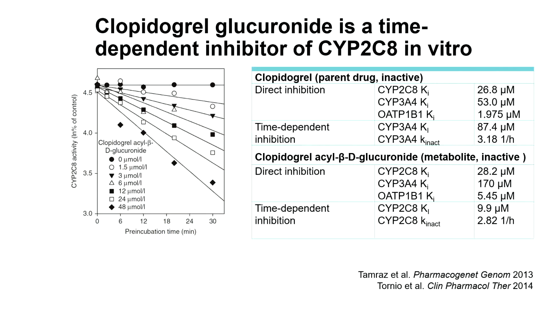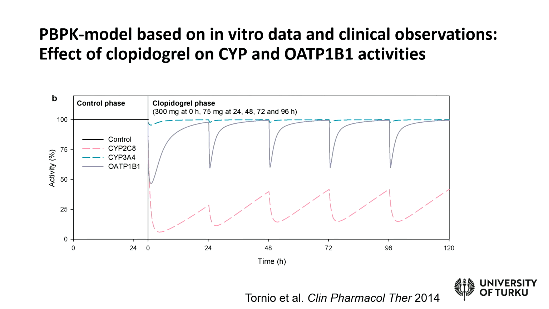Clopidogrel, the parent drug, systemic concentrations are very low actually. The glucuronide concentrations, which was the CYP2C8 inhibitor, are several orders of magnitude higher. And based on this data, we built a PBPK model which indicated strong CYP2C8 inhibition and moderate OATP1B1 inhibition, about 50% inhibition.